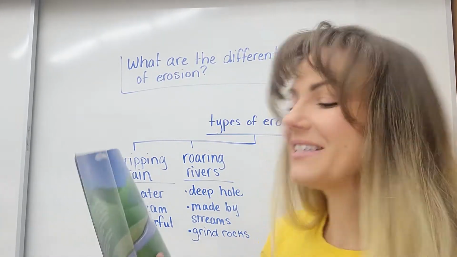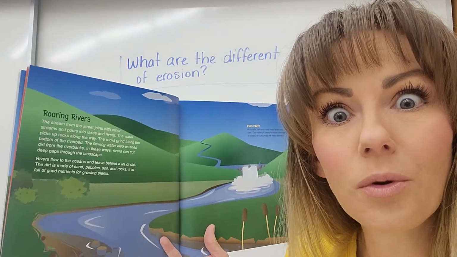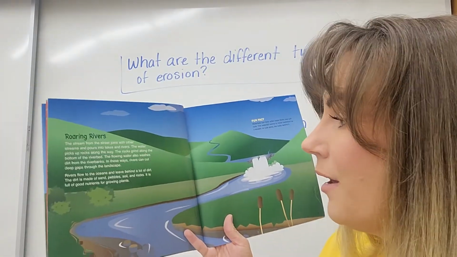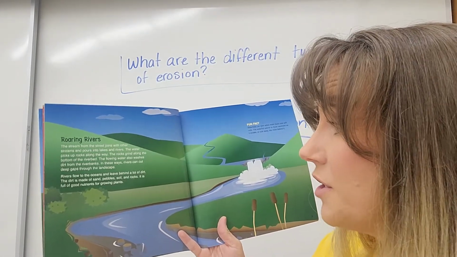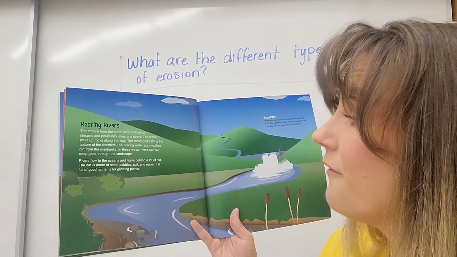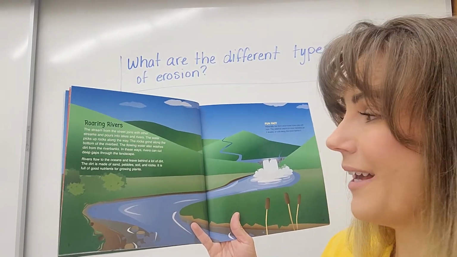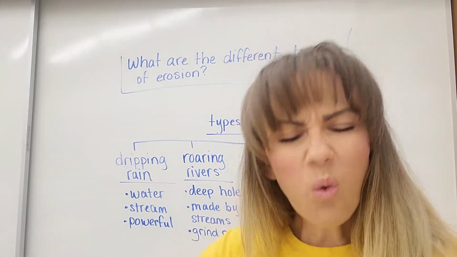Yes. Let's read this bottom part right here, see if we can get any more information about roaring rivers. Rivers flow to the oceans and leave behind a lot of dirt. The dirt is made of sand, pebbles, soil, and rocks. It is full of good nutrients for growing plants. What?